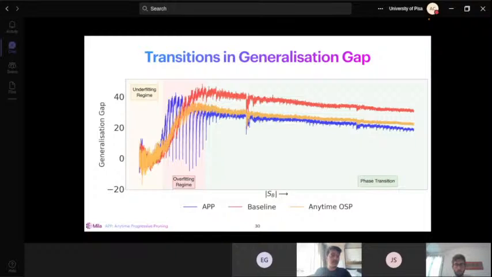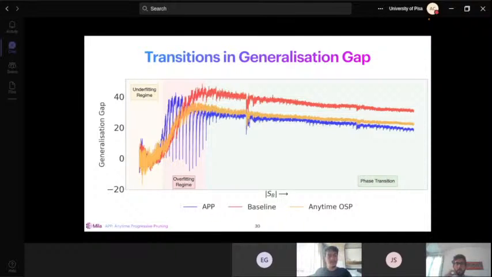Then suddenly we jump into this overfitting critical regime, and all three peak in terms of generalization gap, and subsequently the generalization gap keeps on dropping.